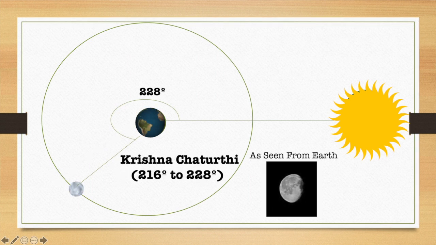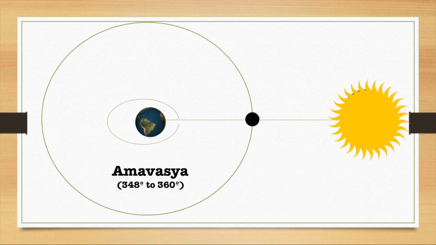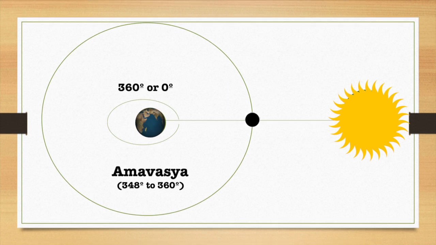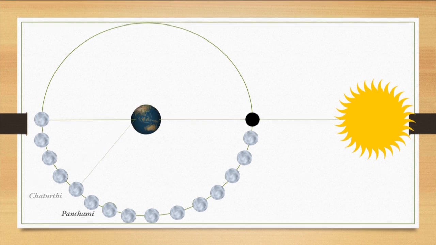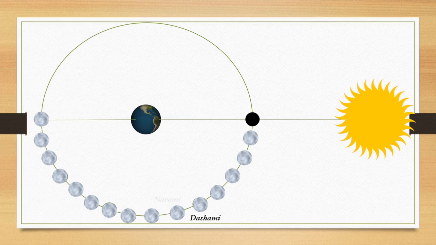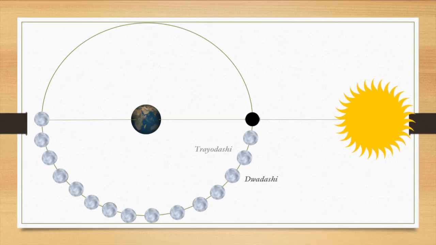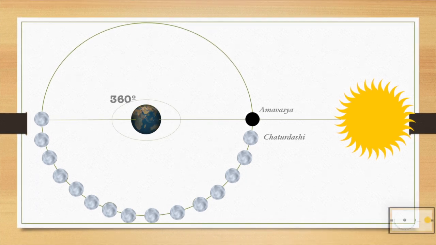Chaturthi, fourth day, and as you see, the moon is also reducing in size as seen from earth. Finally, the cycle ends with Amavasya on the 15th day, where the degree ends at 360 degrees or is back at 0 degrees, the reference point. This cycle or waning phase of the moon is called Krishna Paksha, that is, full moon to no moon. Krishna means dark, representing the reducing phase of the moon as seen from earth.